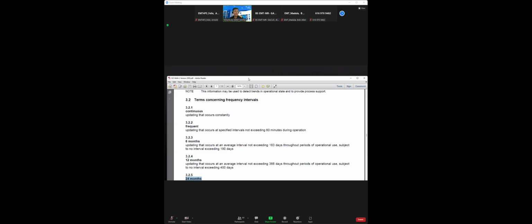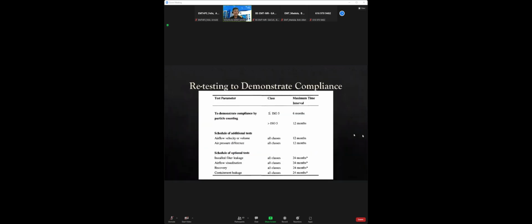So that is the basis now if we're going to conduct retesting. These are the demonstration of continued compliance, meaning this will be your basis if the clean room really complies with ISO 14644-1. So tanawa mo ang -2.